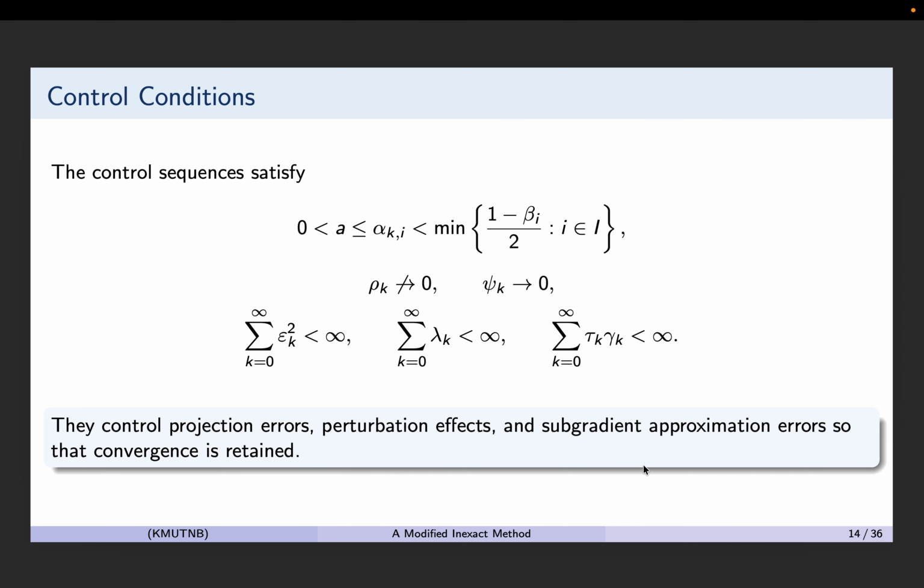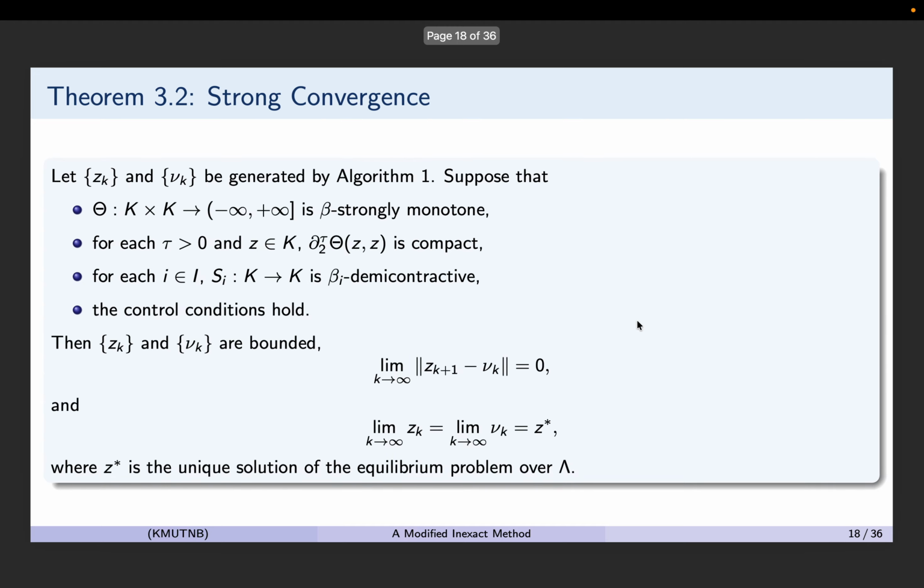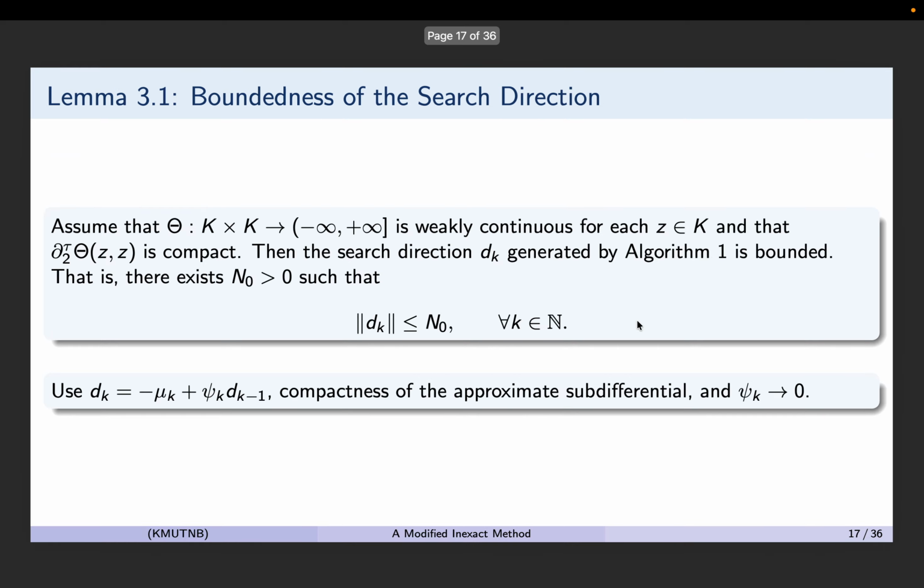And these are some control conditions for the sequences involved here to be satisfied in order to keep the sequence from blowing up. You can see these are the choices of the control we put in. First of all, we try to show the boundedness of the search direction that involves the previous direction.